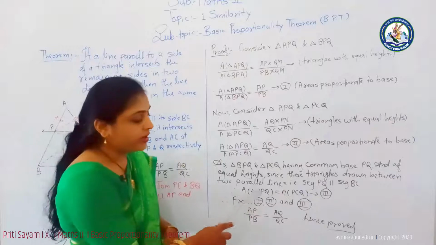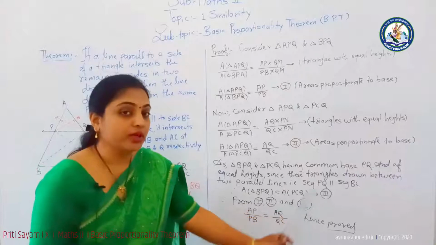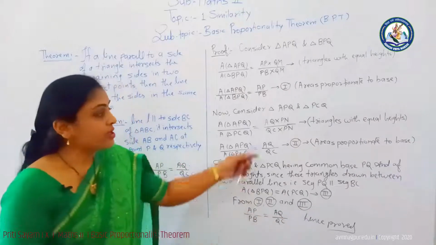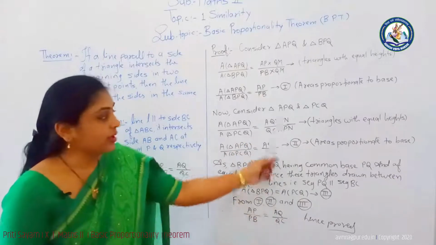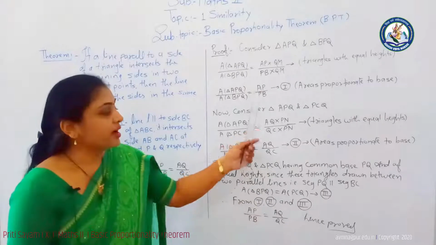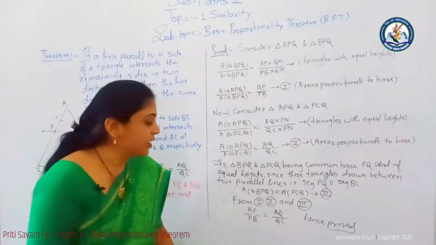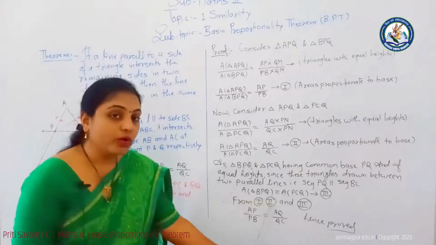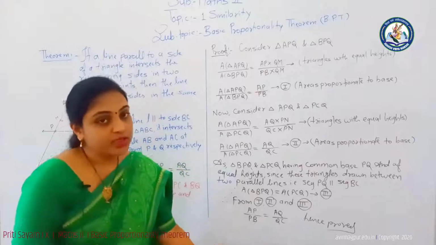So area of triangle BPQ equals area of triangle PCQ, and this is equation number 3. From equations 1, 2 and 3, the left hand side is same, therefore the right hand side is also same. Hence AP upon PB equals AQ upon QC, and this is what we had to prove. Hence, proved.